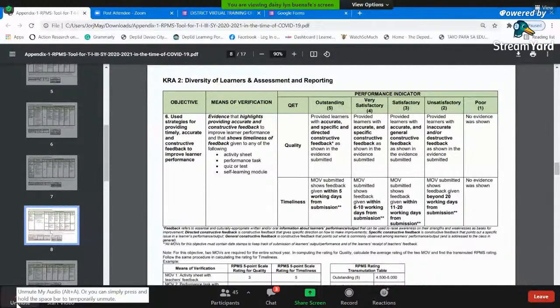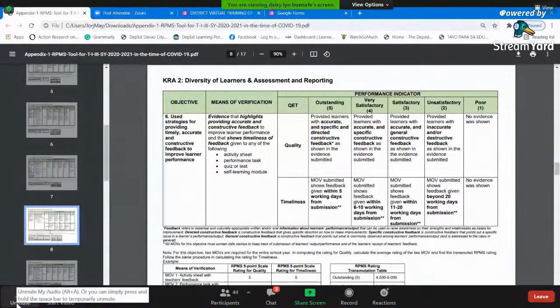But they rate the quality and the timeliness. To get a 5 in quality, you provided learners with accurate, specific, and directed constructive feedback as shown in the evidence submitted. I am looking here because the text is very small on the laptop.